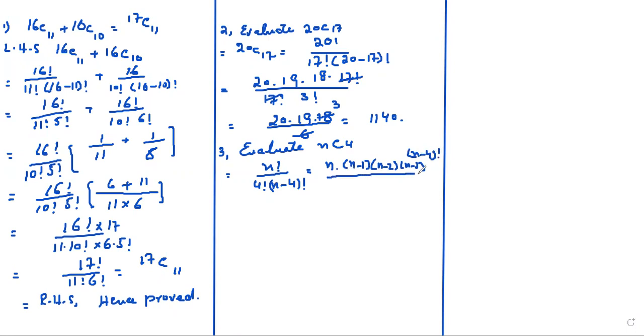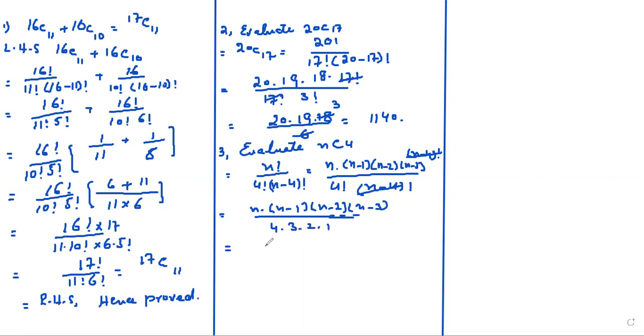divided by 4 factorial times n minus 4 factorial. These two got cancelled. We are left with n, n minus 1, n minus 2, and n minus 3 divided by 4 factorial, which is 4 times 3 times 2 times 1.